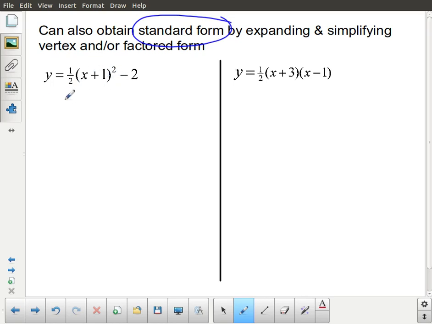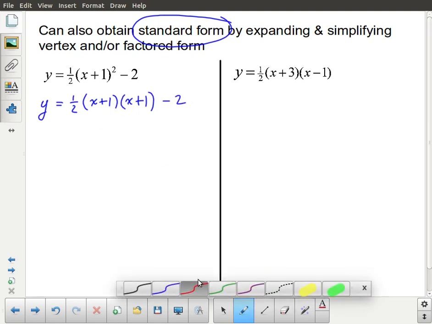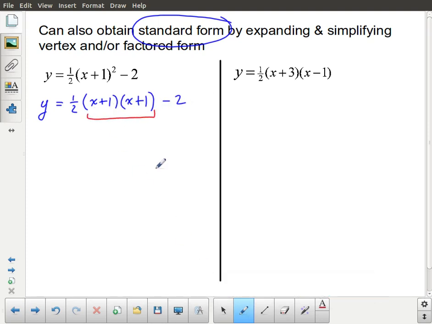Just to remind you, I wouldn't normally want you to have to do it this way every time, but if this is where you have to start, it's perfectly good. (1/2)(x plus 1) all squared is actually the same thing as (x plus 1) times (x plus 1), and then minus 2. Order of operations says that we're going to do this part first.